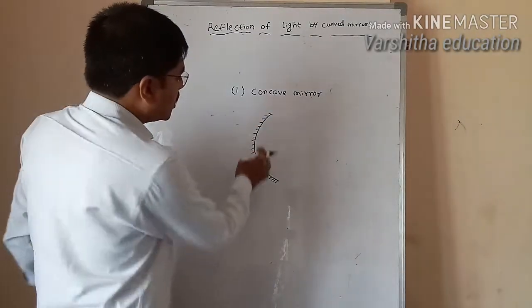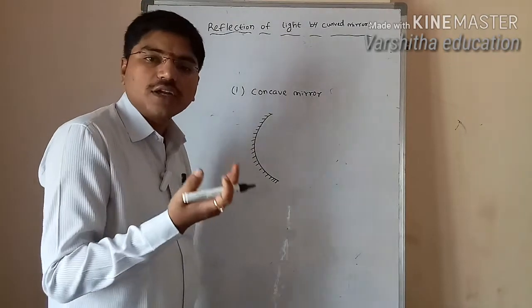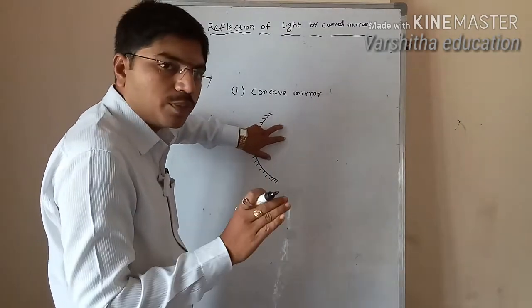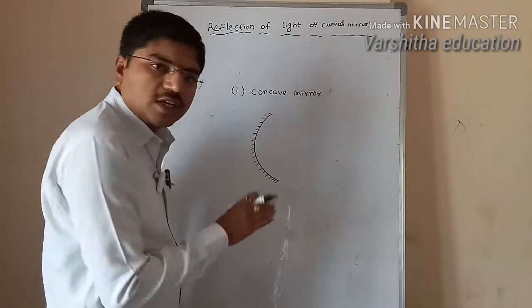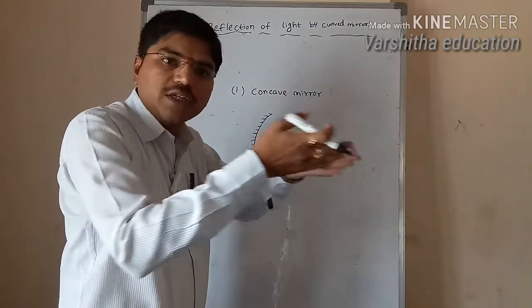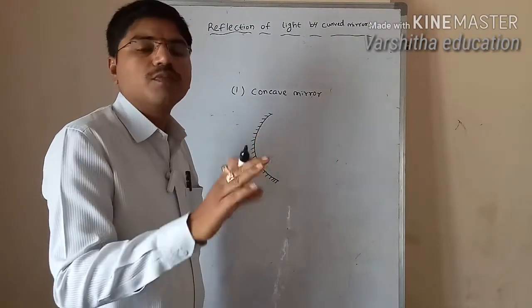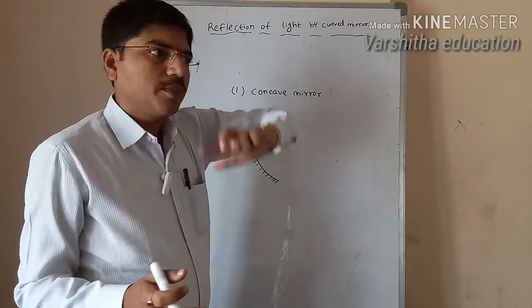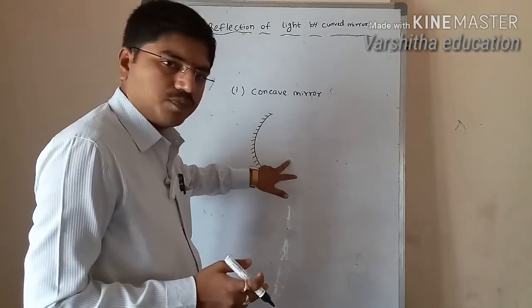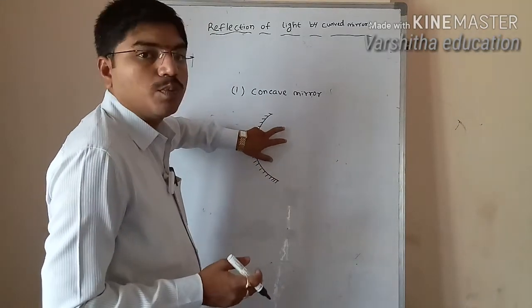That's why it is concave. Simple logic to remember concave: think of caves. We can only observe caves inside, not on the outside back of the cave. So the inside part is used, and that is called a concave mirror.